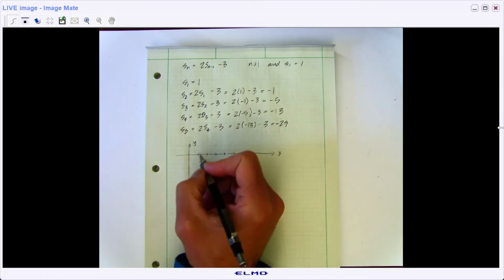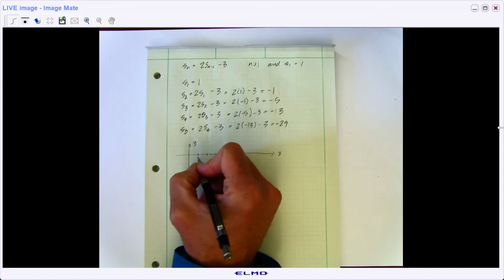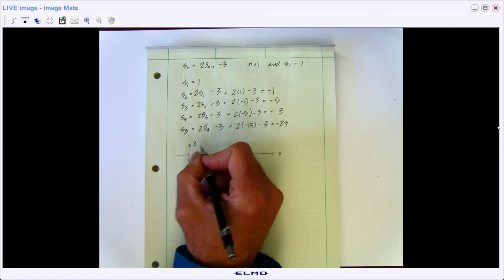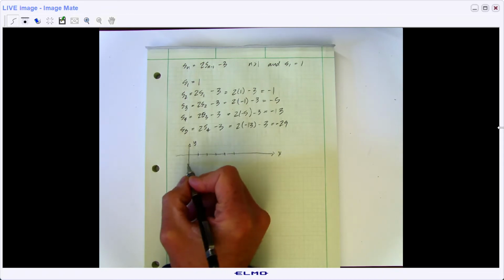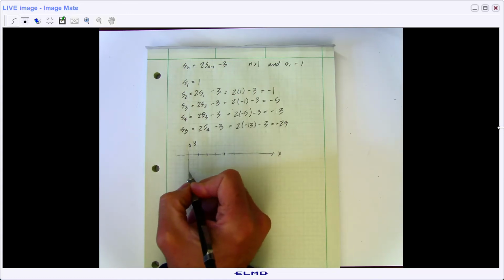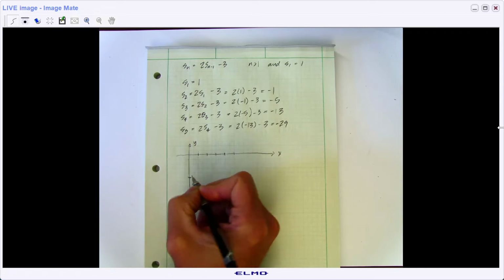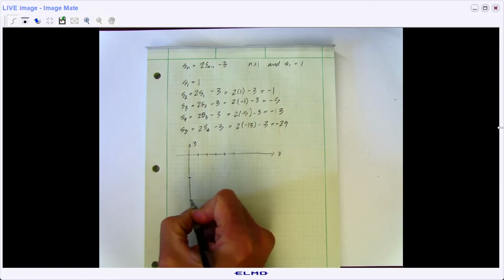So if I'm at the first value of n right here, let's say this is 1, I'm up at a value of 1. Let's see, I need to put some scales on the axis. I need to go up to 30, so how about I do 1, 2, 3, 4, 5. That would be negative 10.